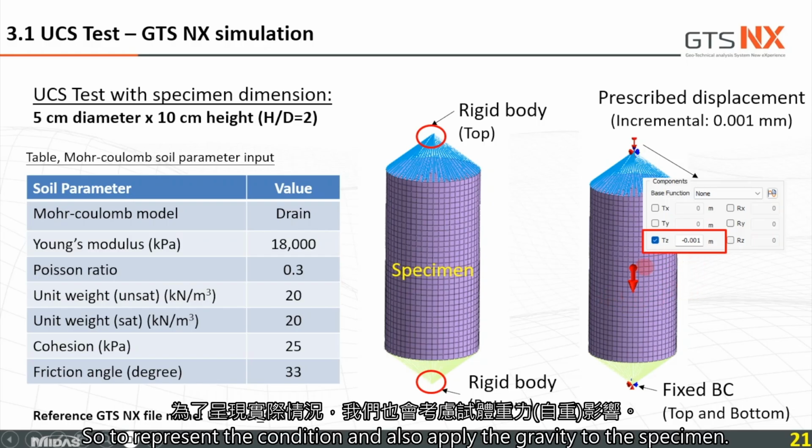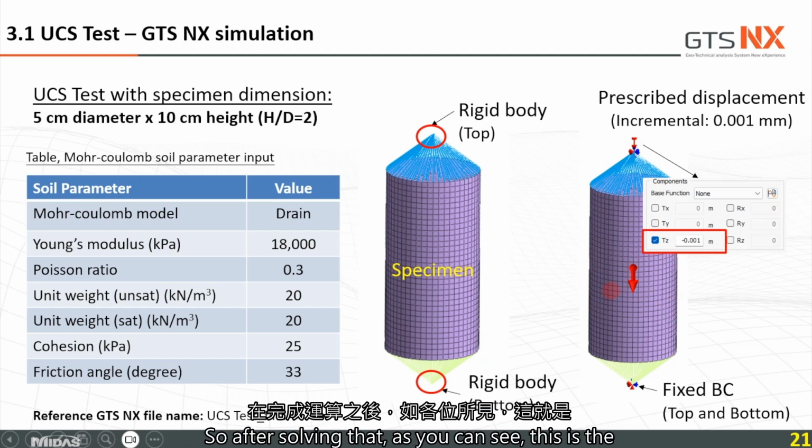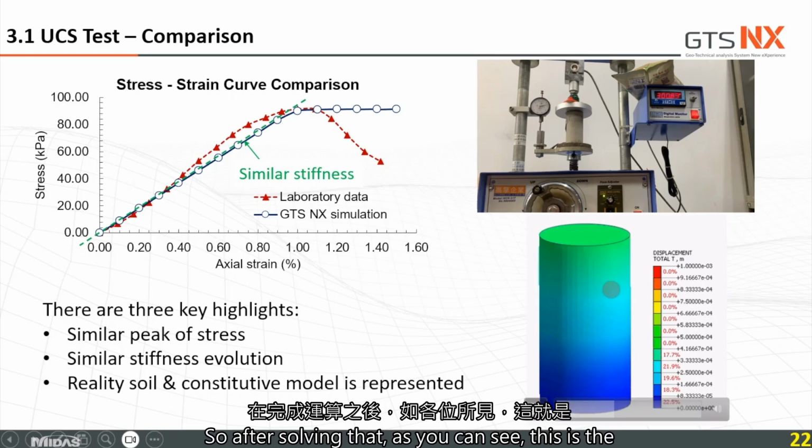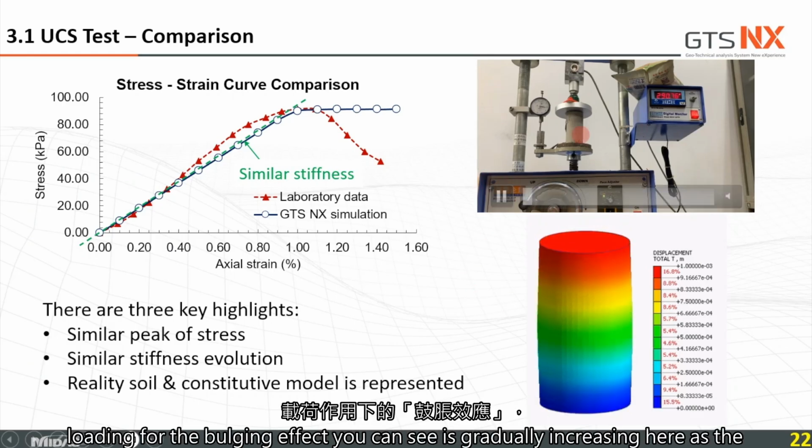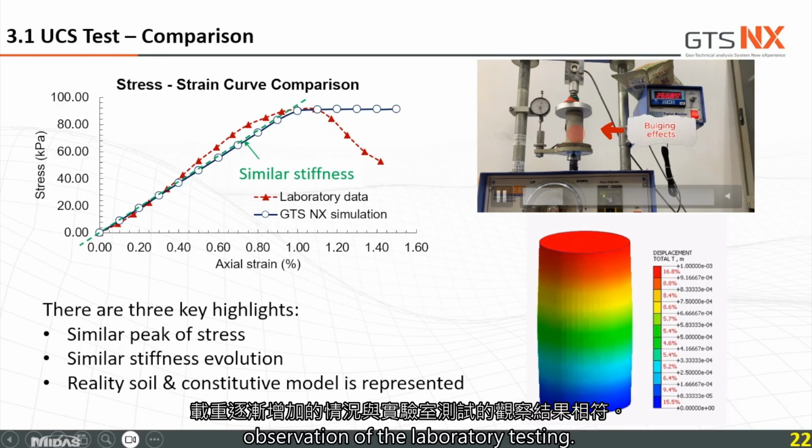To represent the condition, we also applied the gravity to the specimen. So after solving that, as you can see, this is the loading for the punching effects. You can see it's gradually increasing here as the observation of the laboratory testing.